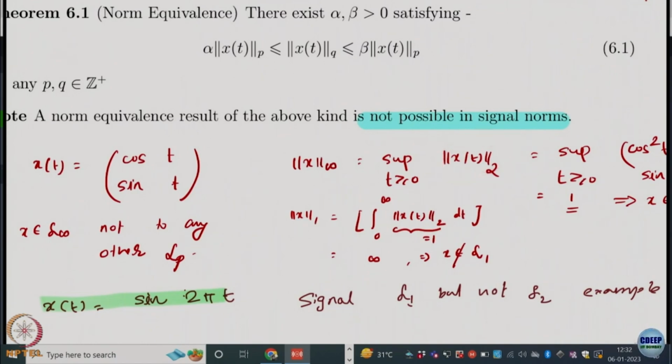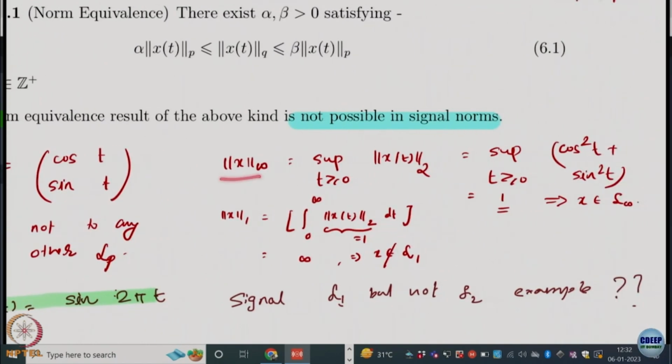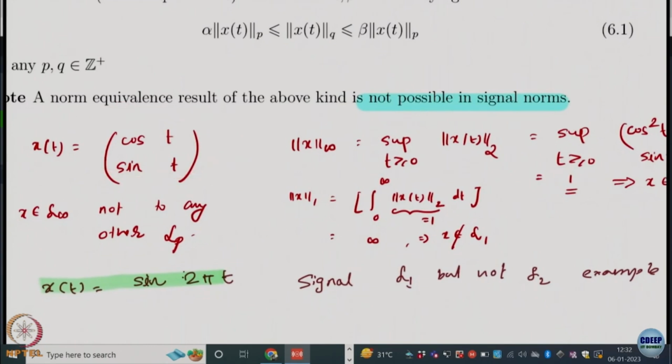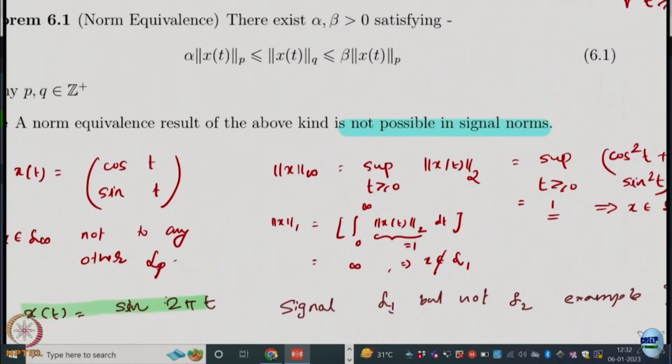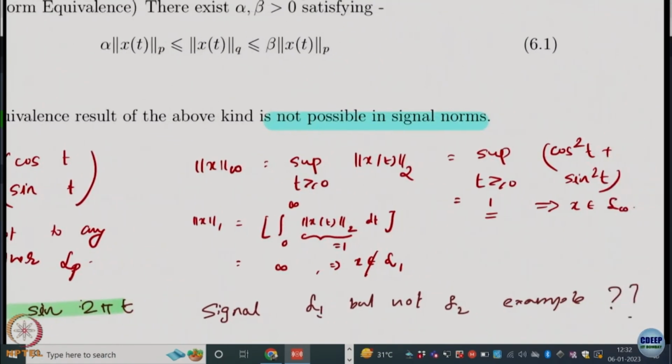So the infinity norm is just 1, which indicates that it is a bounded signal, and obviously it is. But the 1 norm is actually infinity. Is boundedness connected to it? No. Boundedness is only connected to the infinity norm.